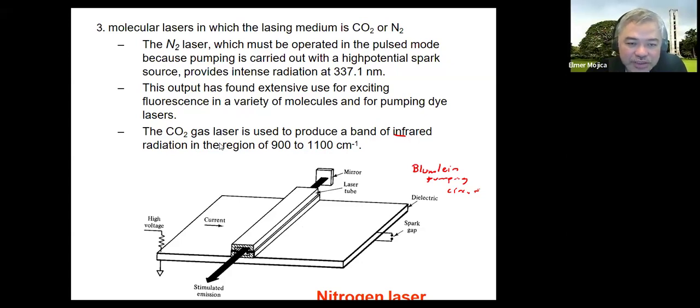Okay, and it can be pumped by collisions with the electrons or the resonance energy transfer from added nitrogen gas. So the laser output from the CO2 laser is of course in a series of CO2 rotational lines with the vibrational transition.